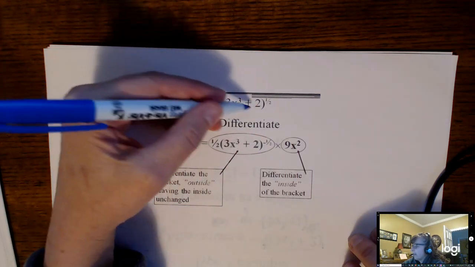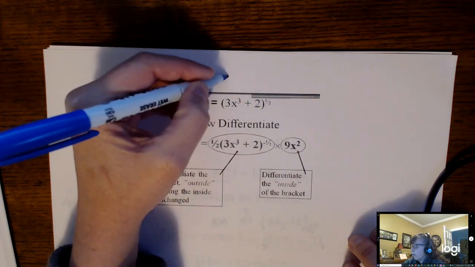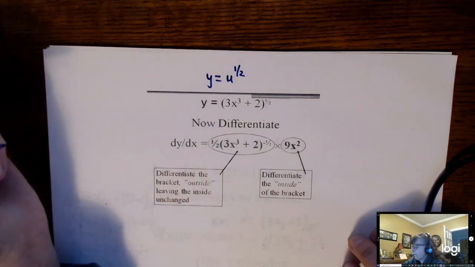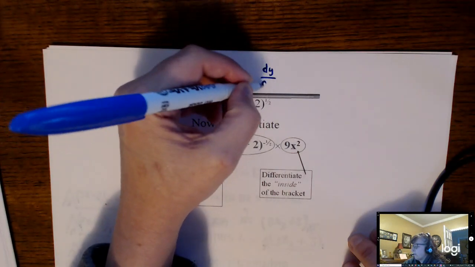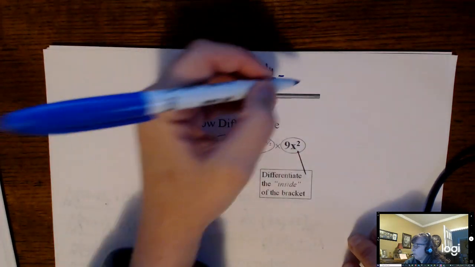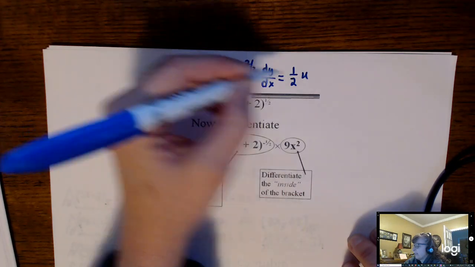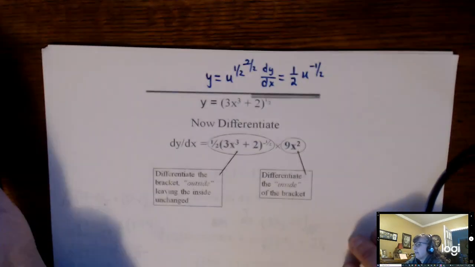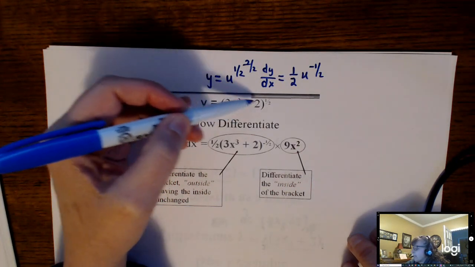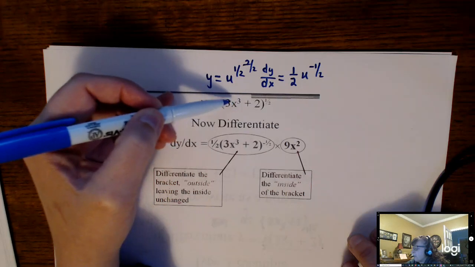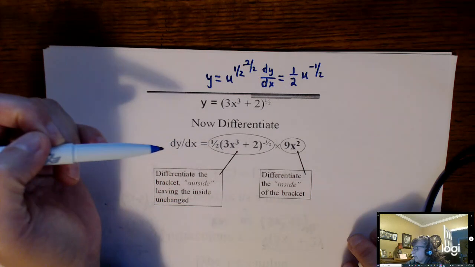So think of this as y equals, instead of 3x cubed plus 2, just one thing, like u to the 1/2. The derivative would be 1/2 u to the negative 1/2. That's what we mean by taking the derivative of the outside: pretend that the inside is just one thing. u to the 1/2 becomes 1/2 u to the negative 1/2.